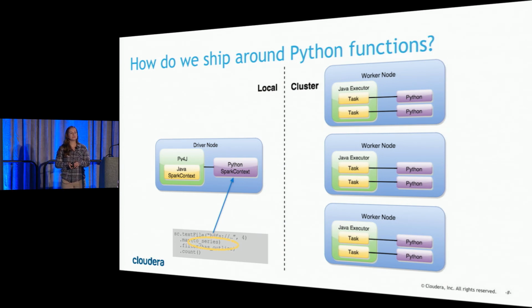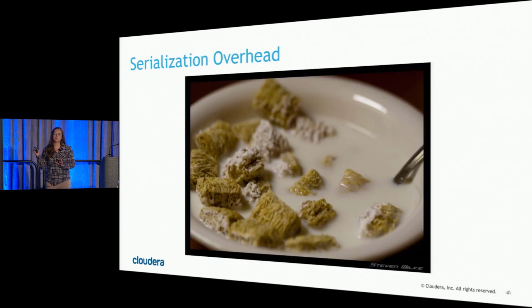So this is a lot of machinery to stick these things together. Essentially, we still have Spark and Scala in the middle, and we kind of glue Python on the side. So really what happens here, and the real trick for when I say like, oh, PySpark is slow, what I mean is that there's a lot of serialization overhead.